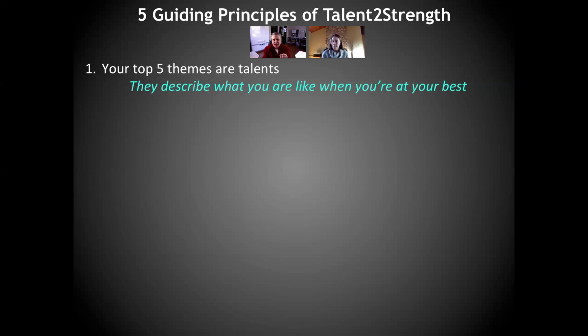Sometimes the best thing you could do is get started and figure it out as you go. And people with Activator are very comfortable doing that. But then there's another theme called Deliberative, where it's almost the opposite in a lot of ways. People with Deliberative don't want to move forward before they have it figured out, before they've accounted for all the risks.